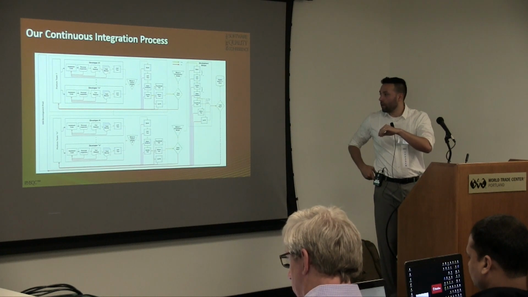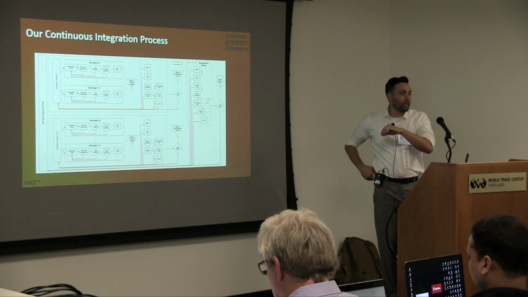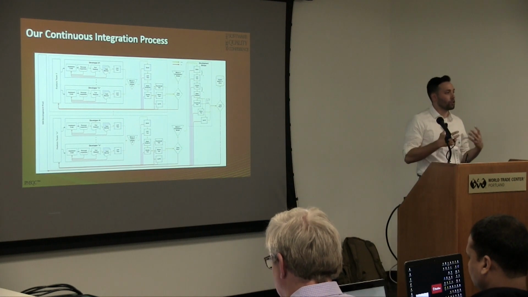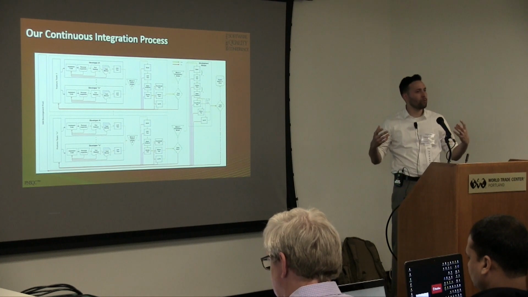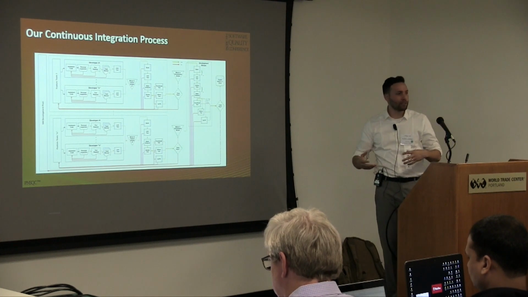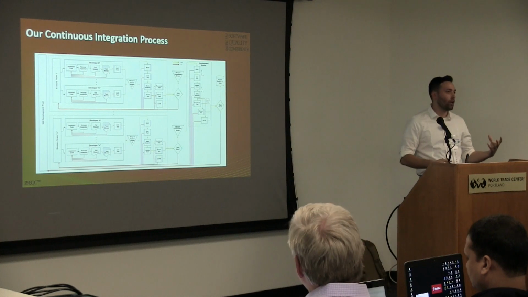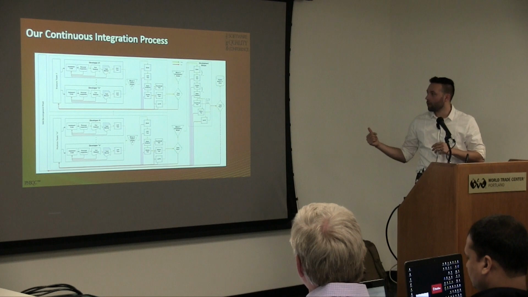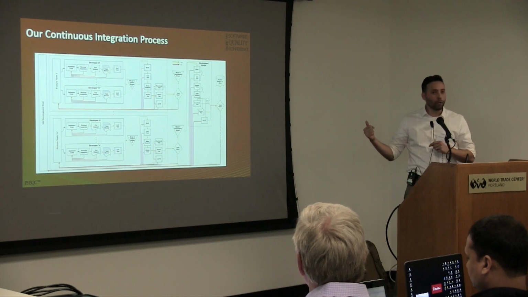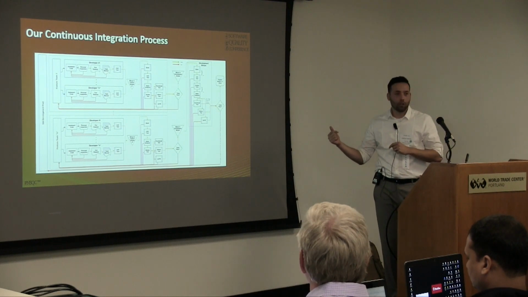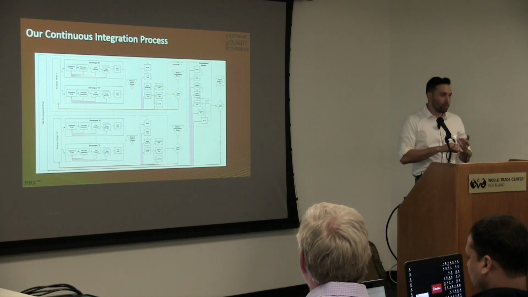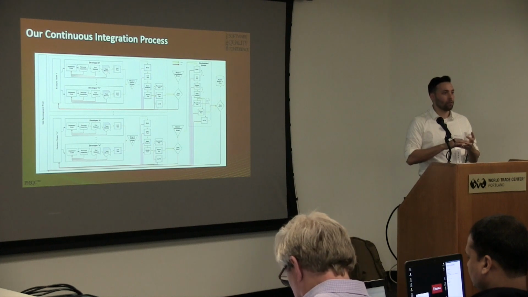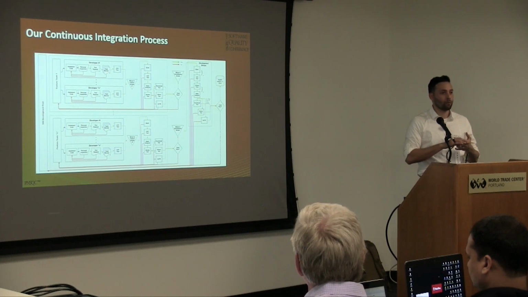And then once it bubbles up from that, how does it kick into our automation system, how does it trigger jobs into Jenkins, what types of tests do we do, what types of tests do we care about passing, what ones don't we care about passing, and ultimately what does it mean to deploy a build, right? So that's the whole pipeline. And really, you could summarize that whole chart into how do we build, how do we test, how do we integrate, and how do we deploy, right?